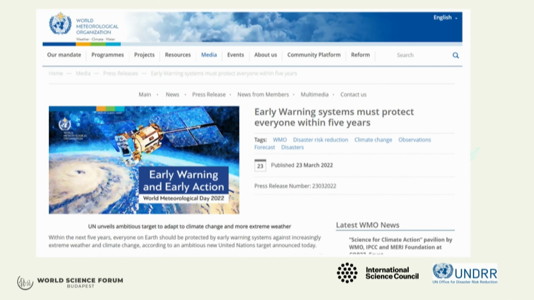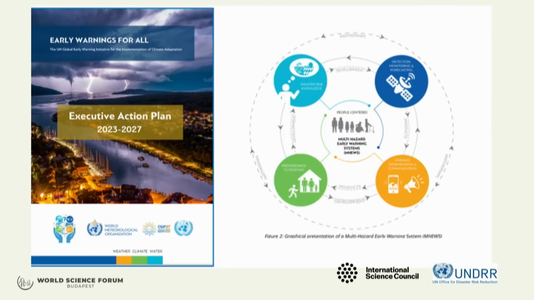This early warning and early action initiative by WMO is based on four pillars: disaster risk knowledge; detection, observation, monitoring, analysis, and forecasting; warning dissemination and communication; and, in fourth place, preparedness and response capabilities. The pillars most related to the review of the HIPs are in particular disaster risk knowledge and monitoring, observation and forecasting.